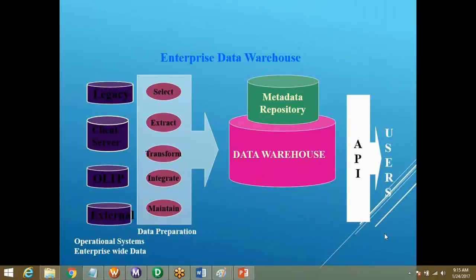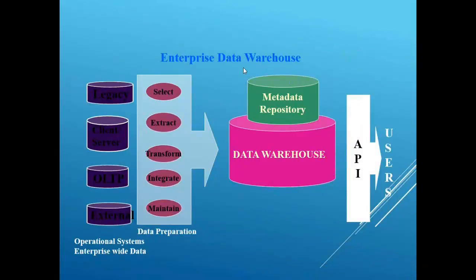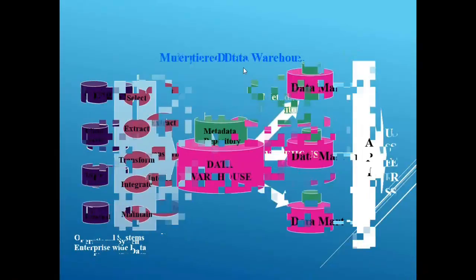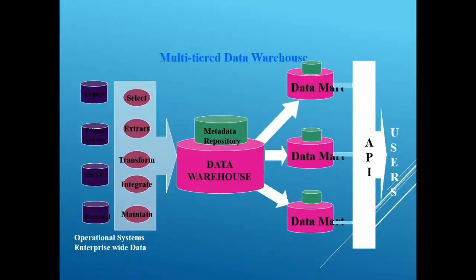And the next one is another architecture called the multi-tier data warehouse architecture, where a new concept called the data mart is present. A data mart is a subset of the data warehouse, created on a single subject area.